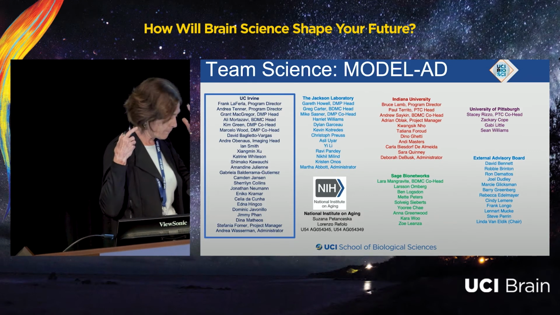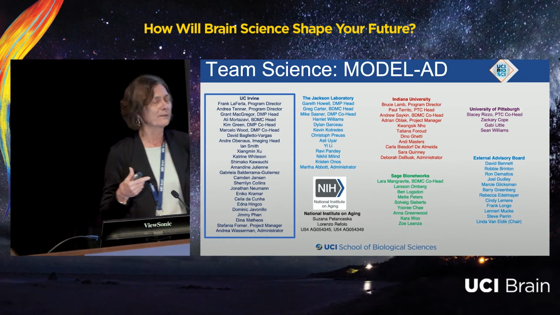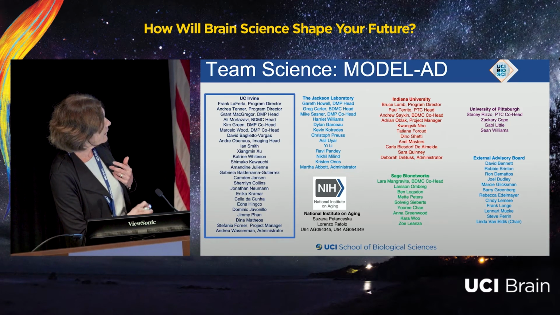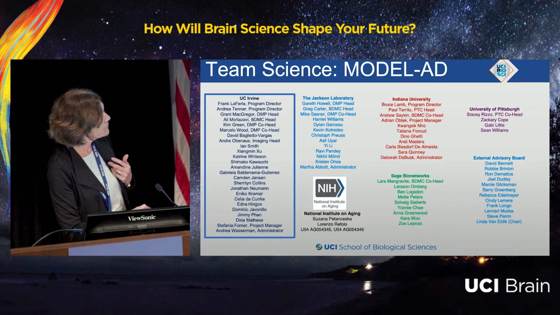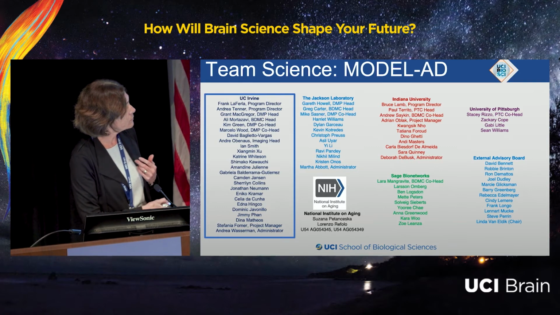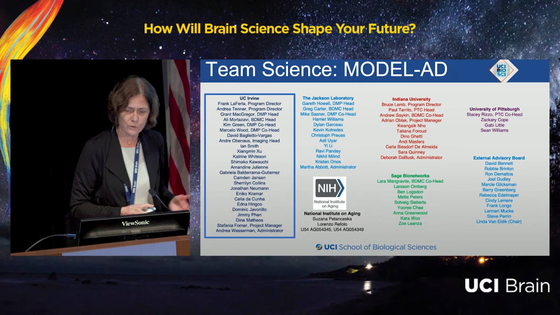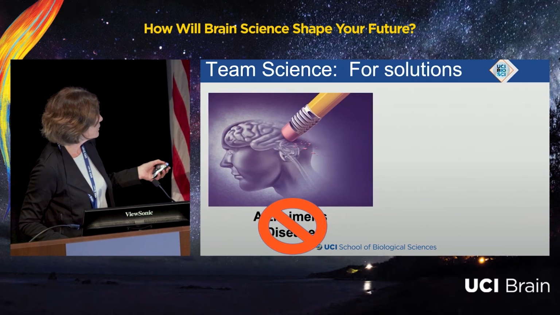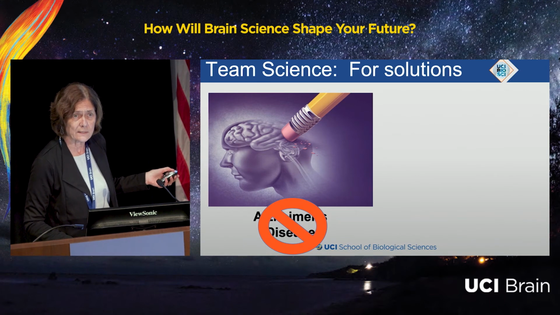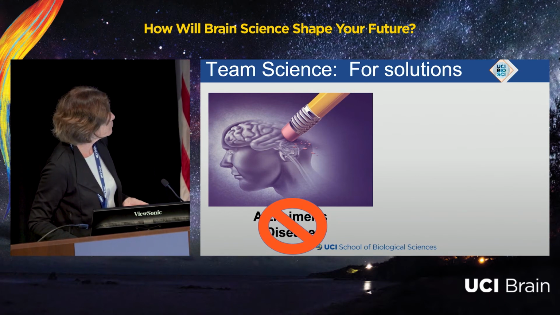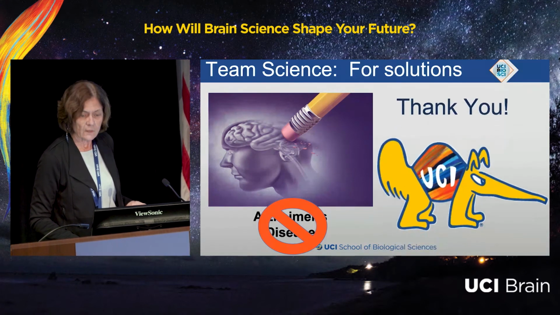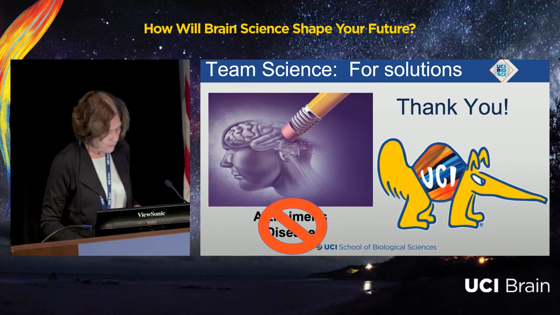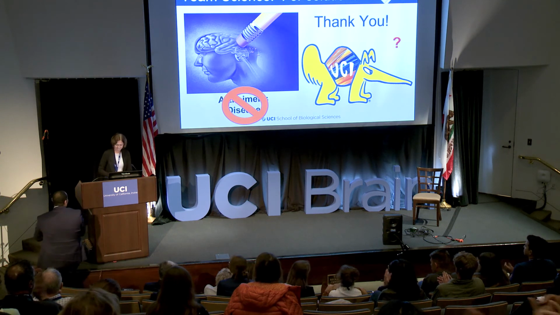We have bi-monthly meetings with them, weekly meetings with our NIH program officer, and we have an annual external advisory board of very distinguished individuals. All of these people are trying to work so that we can get rid of this Alzheimer's disease and be able to sustain our health care. So thank you, and if you have any questions, I'd be happy to answer them.